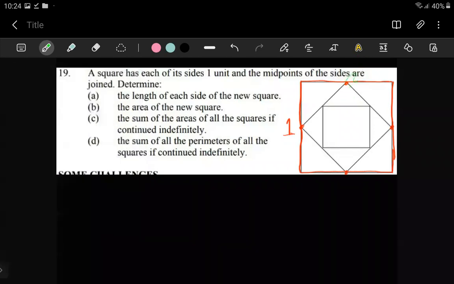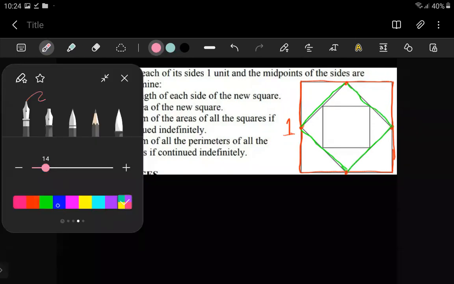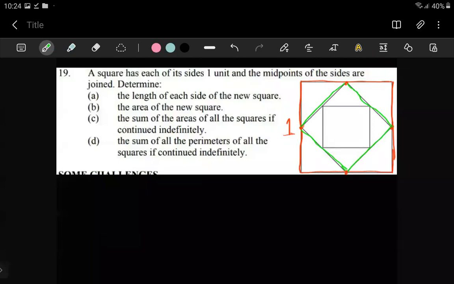The first one is this one. We have to find the length of each side, and after getting the length of that one, we have to move on to the third one and get those lengths.